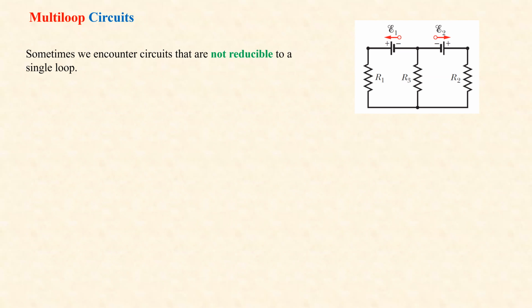So the question is, what do we do in this kind of situation? It is not a simple matter of writing V equals Ri for any one of the batteries or the combination of resistors. It's not that easy. And the situation is very different when you change the resistances and the EMF of the batteries.